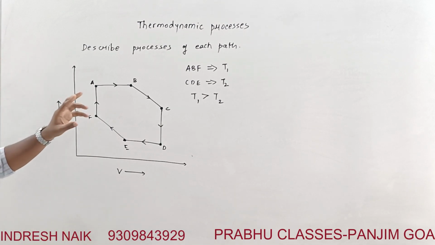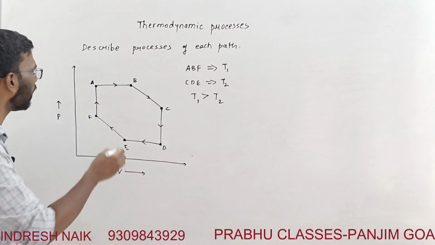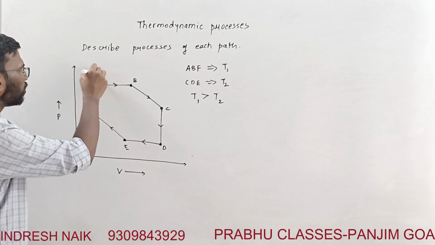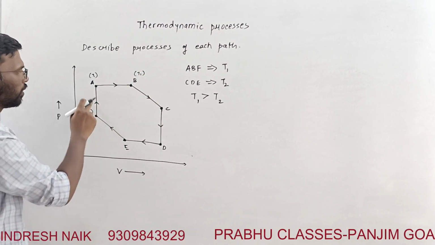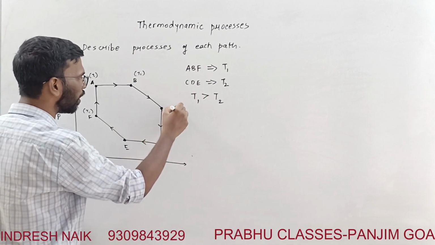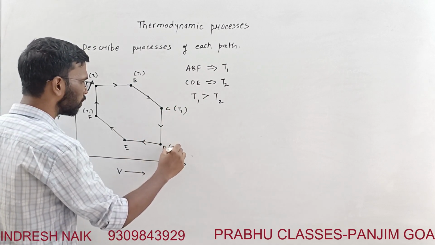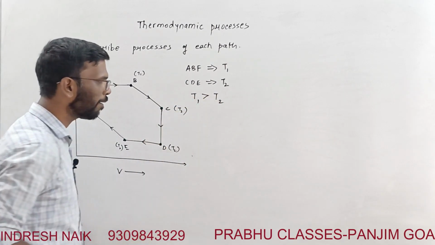First we'll mark over here, in the question they have given that A, B, F are at temperature T1. The temperature of this is T1, this is also T1, and this is also T1. These points are at temperature T1. And what about C, D, E? These are at temperature T2. They have also mentioned that T1 is greater than T2.